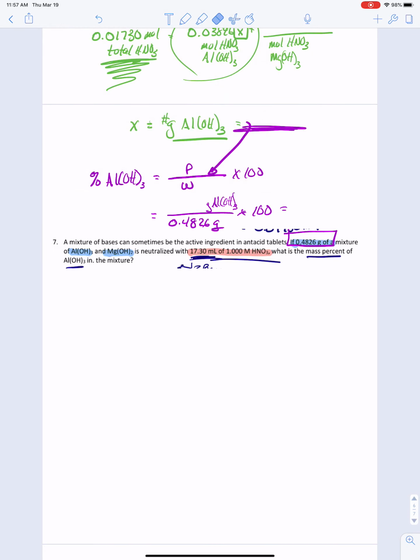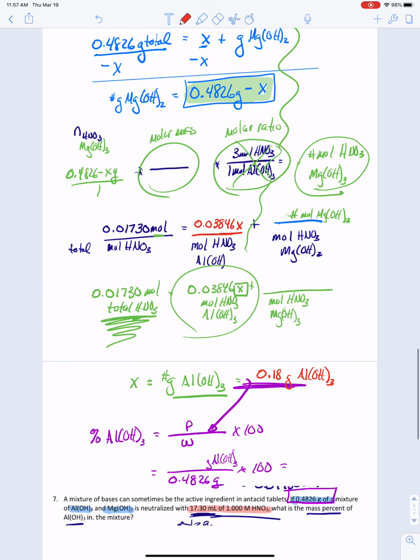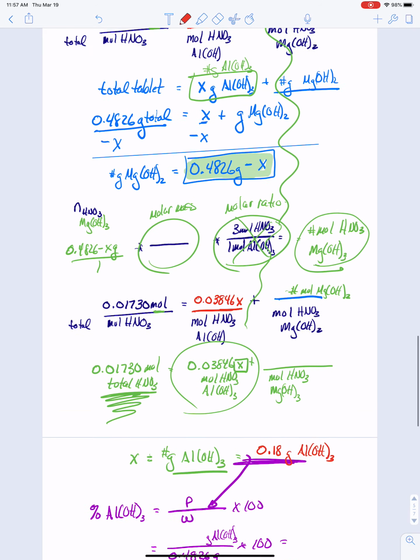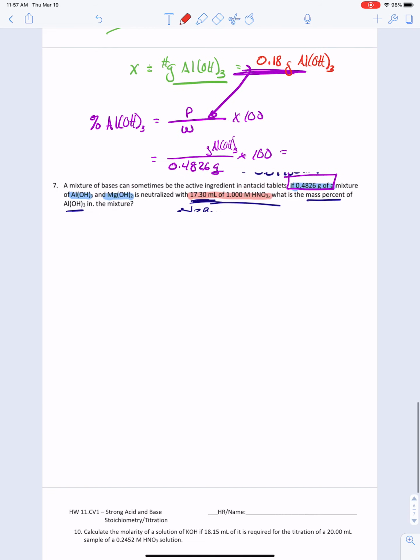How you get there is going to be whether you successfully navigate through the algebra that we have up here. So if we put in 0.18 here and divide this out, round to the 2 sig figs, that would be like 37% aluminum hydroxide. All right, so this is a frustrating problem.